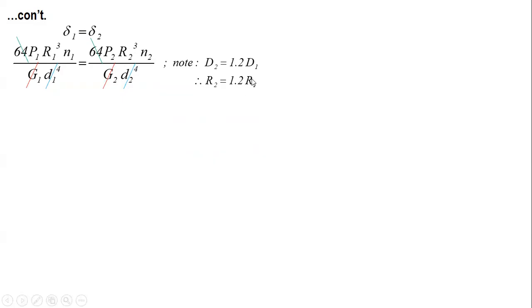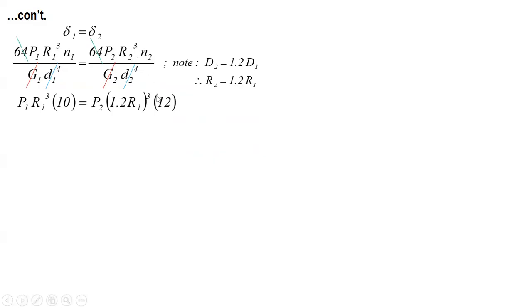So next one is we substitute R2 there on the right. And we have this equation. P1 R1 cube, N1 is 10. R2 replaced by 1.2 R1. And then N2 is 12.